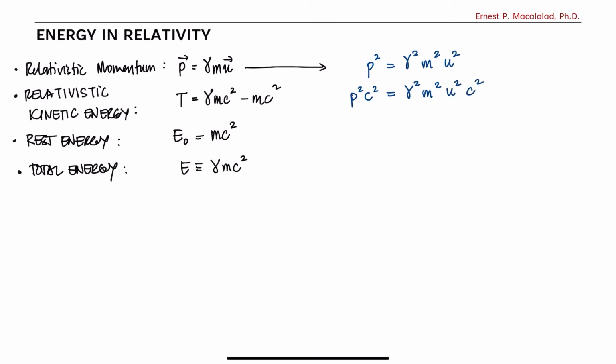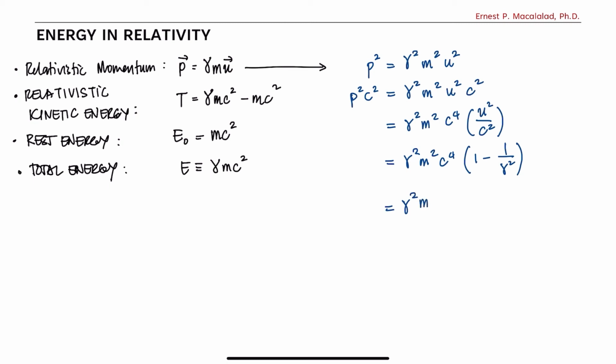Multiplying the right side with 1, or c squared over c squared, we have gamma squared m squared c to the fourth times u squared over c squared. Using the definition of gamma, this is now rewritten as gamma squared m squared c to the fourth times (1 minus 1 over gamma squared). Simplifying this, we have gamma squared m squared c to the fourth minus m squared c to the fourth, or (gamma m c squared) squared minus (m c squared) squared.